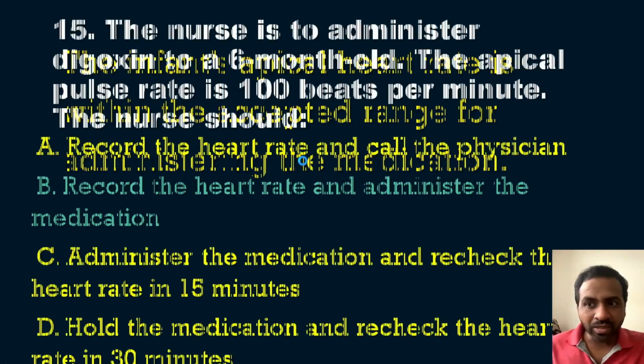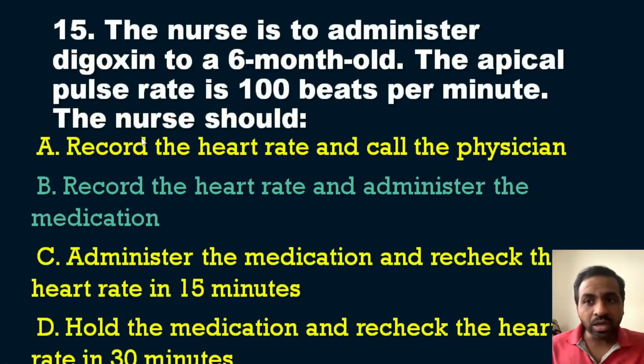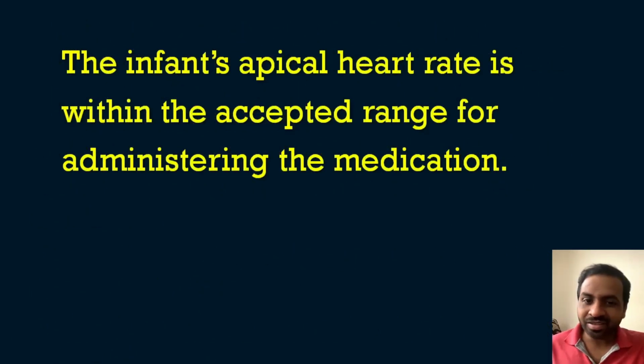So there is no need to record the heart rate and call the physician, since it is in the normal range. We can administer the medication, with no need to repeat the heart rate in 15 minutes, and no need to hold the medication, because the heart rate is within the normal range.